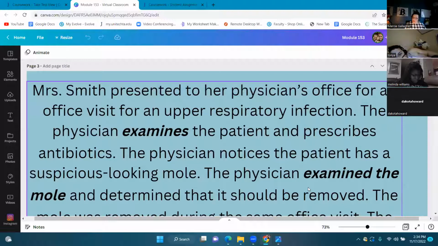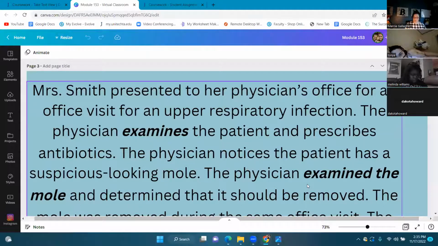24 says unrelated evaluation and management service by the same physician or other qualified healthcare professional during a post-operative period. 25 says significant, separately identifiable evaluation and management service by the same physician or other qualified healthcare professional on the same day of the procedure or other service.